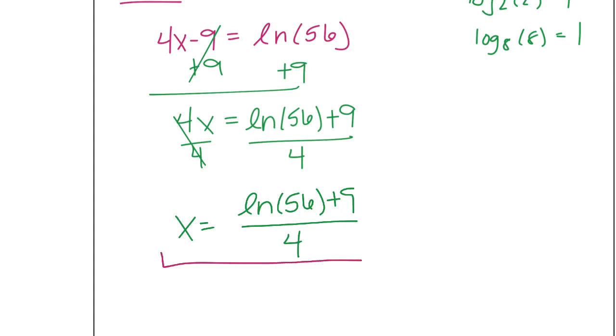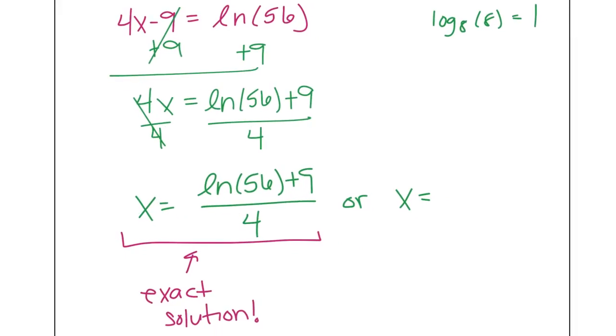So what we have here is what we call an exact solution. This is not a decimal approximation. This is the exact solution. This is like leaving 1/3 as 1/3 instead of approximating it as 0.33. Now, it doesn't matter, it just depends on how your answer choices are written, you could get the decimal approximation by substituting natural log of 56 into a calculator, and you're going to get something around 3.256.